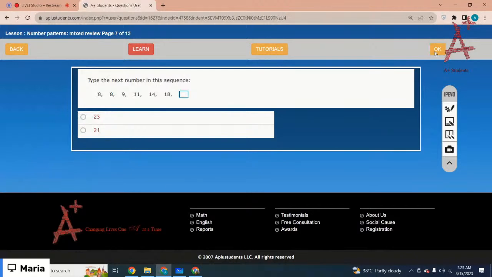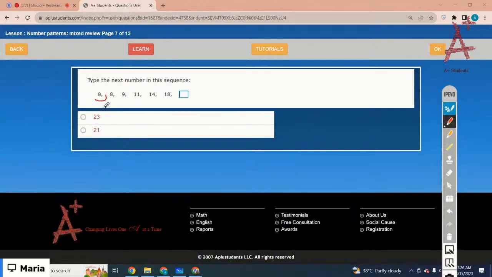Type the next number in the sequence. So which is the correct option? The numbers are increasing by ones. 8 plus 0 is 8. 8 plus 1 is 9, 9 plus 2 is 11, 11 plus 3 is 14, 14 plus 4 is 18, right?